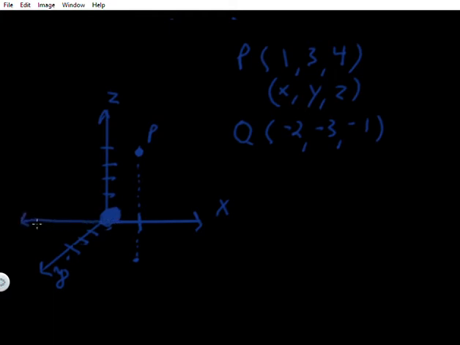This is the negative x-axis. The negative y-axis goes behind the plane like this, and the negative z-axis goes downwards like this. So now, hopefully you see this in your mind. This is supposed to be coming out of the page. And let's plot this now. Let me just write this real quick: negative x, negative y, and negative z.